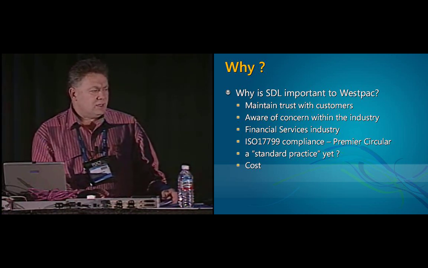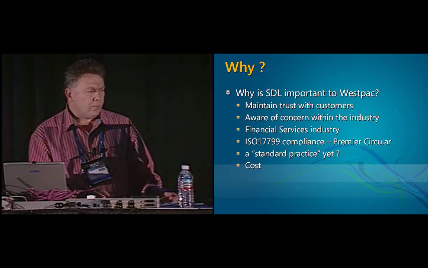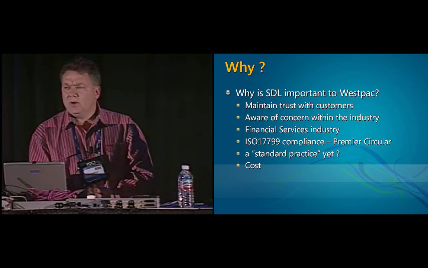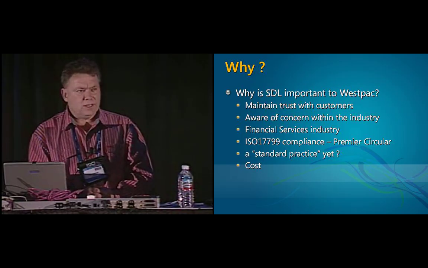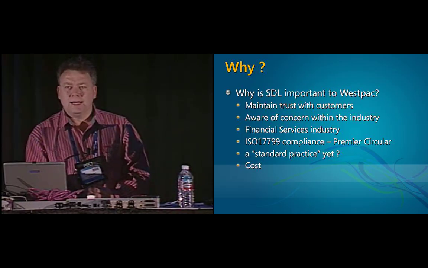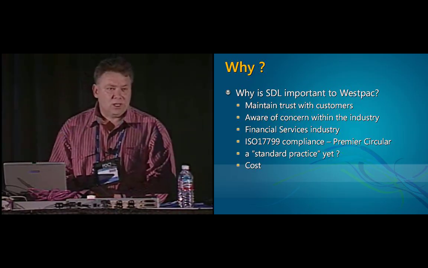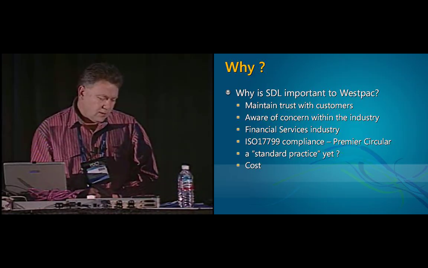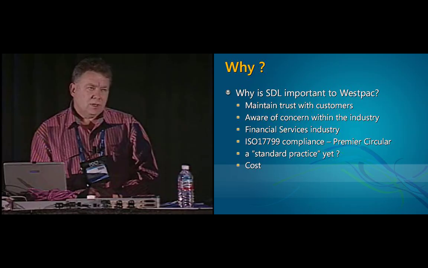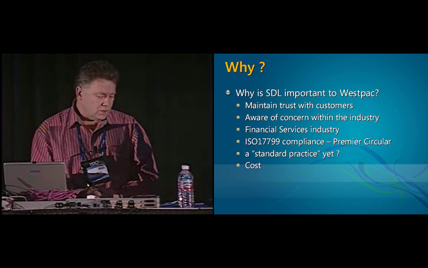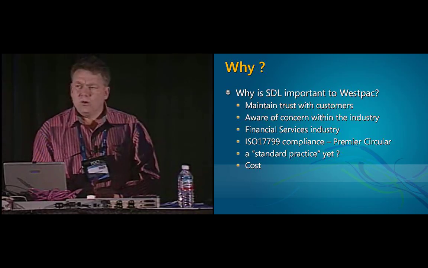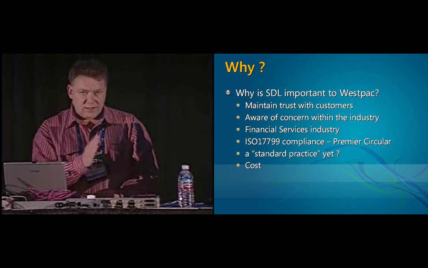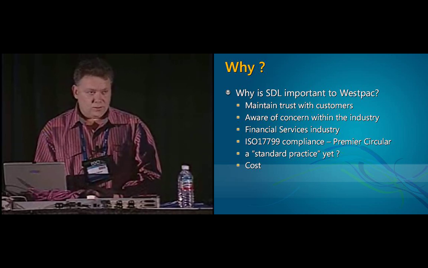ISO 17799 compliance. Does anyone not know what ISO 17799 is? Okay, ISO 17799 is an information security standard that is an assurance that an organisation is providing confidentiality, integrity and availability within their processes within the organisation.